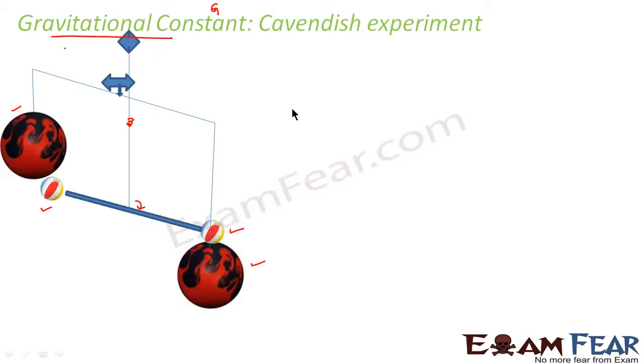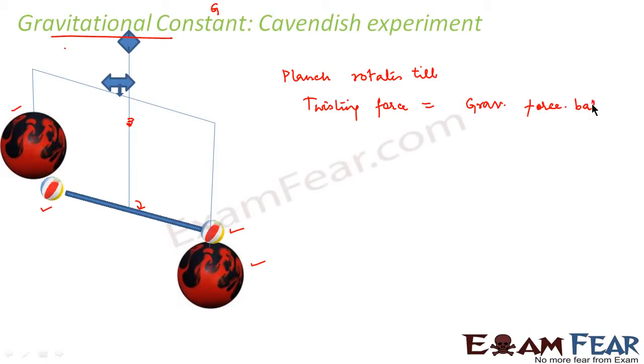In this experiment he found that the plank, meaning this wooden plank, rotates till the twisting force, that is the force of this wire being twisted, is equal to the gravitational force between the balls.